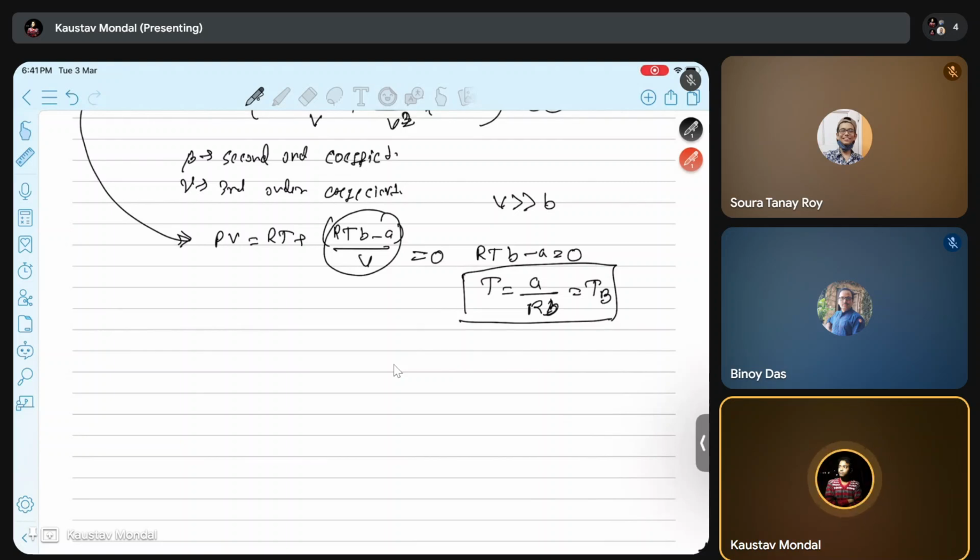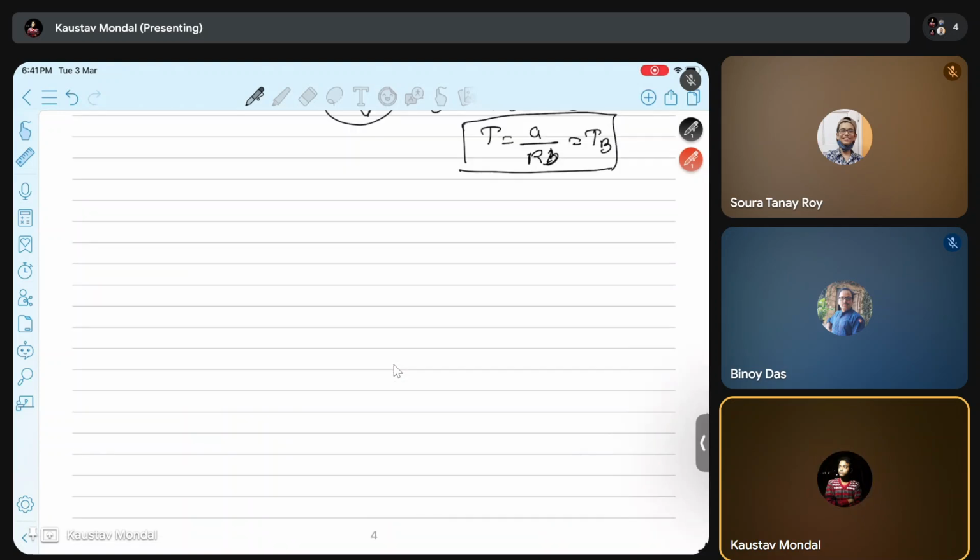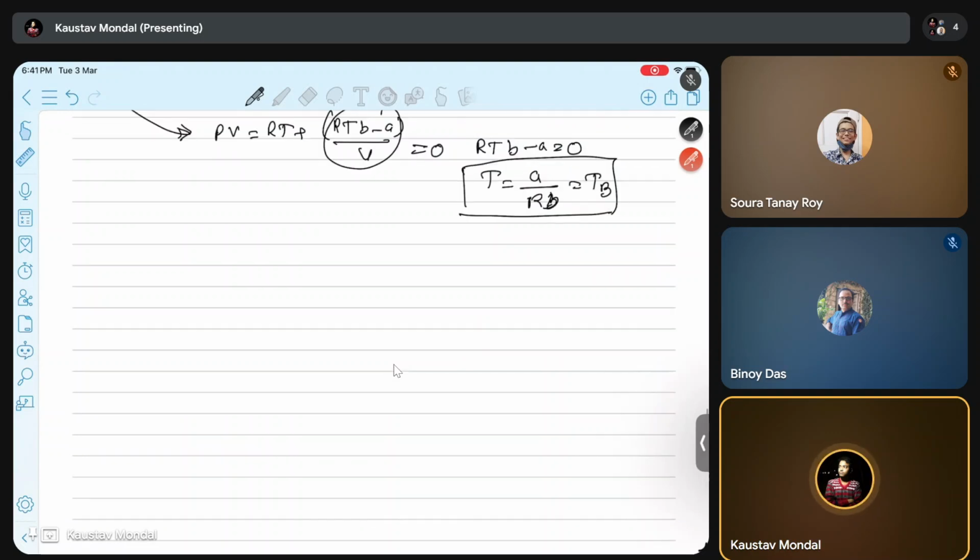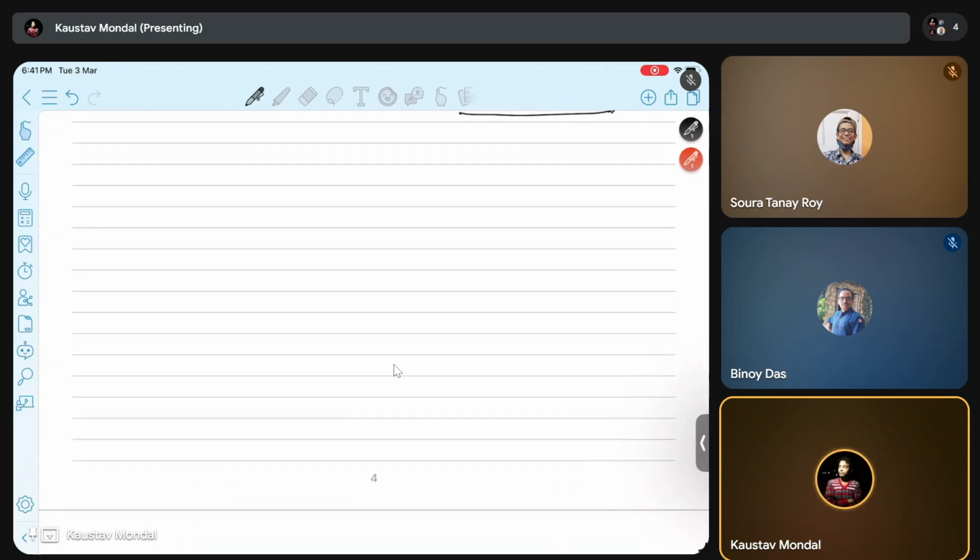Now we'll discuss some limitations of this Van der Waals gas equation. The first limitation is that in that equation they have considered A and B as constant.